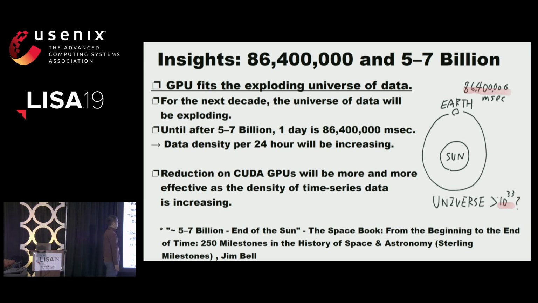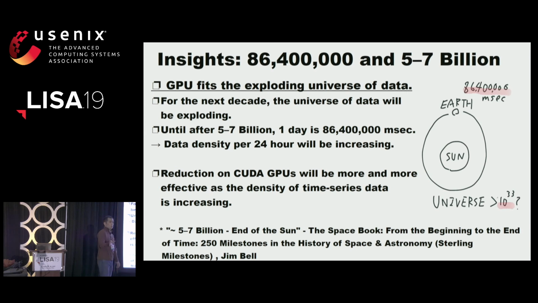GPU is going to be more and more effective. It's a simple reason. There are many statistics and estimations about the data explosion. Many people say that for the next decade, the universe of data will be exploding and so on.